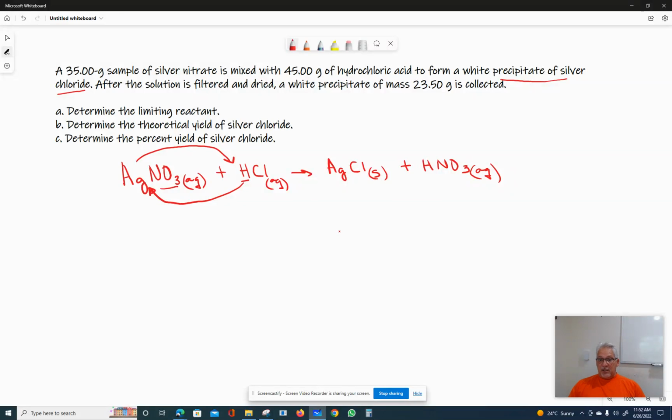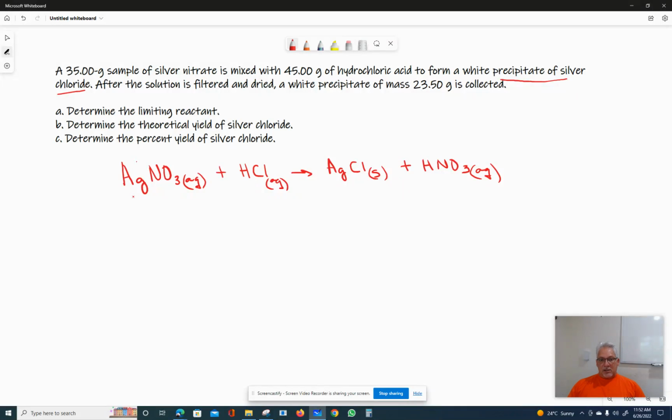Next thing is making sure the equation is balanced. So let me remove my arrow here, and I'm going to count every single thing, because if the equation is not balanced, you cannot do any calculation based on the stoichiometry of the reaction.